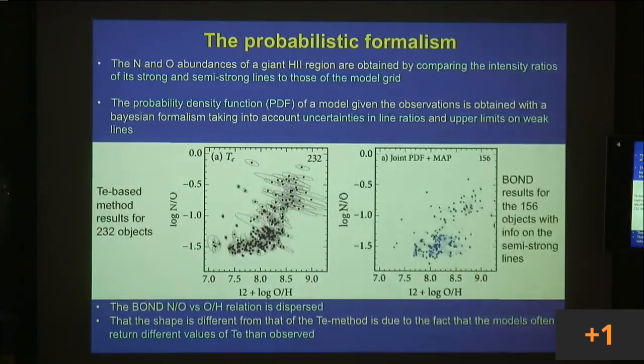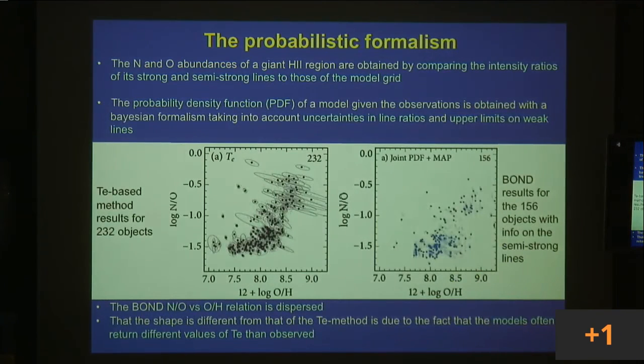So, okay, here are the results. Here I'm showing again the previous temperature-based methods for the objects. And here is, for the same objects, the result of our method. There are fewer objects just because the values of neon-3 and argon-3 were not always published for these objects, which is, of course, because people didn't use them.